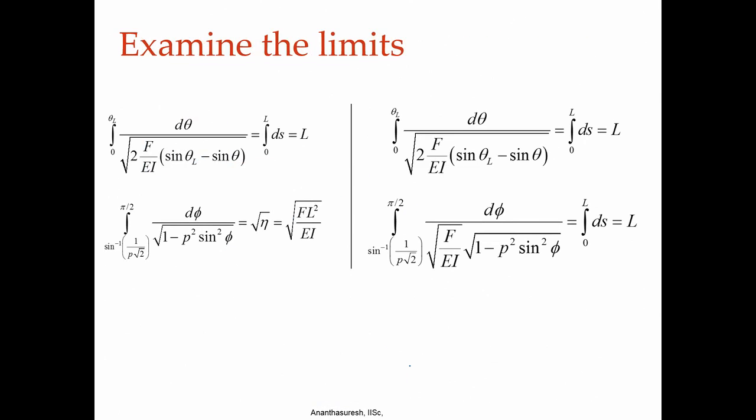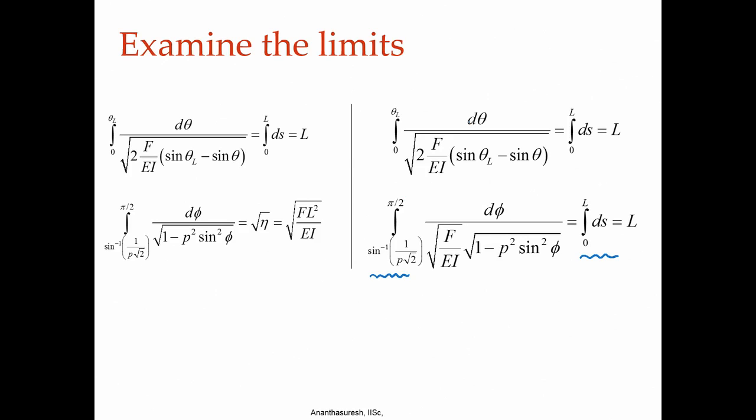Now, let us look at the limits of this integral. It was from 0 to theta L over there, that gave us this L on the right hand side, and on the left hand side we rearranged it a little bit, that also comes in terms of this 0 to L ds, where this limit is sine inverse 1 over p square root of 2 to pi by 2 for phi.